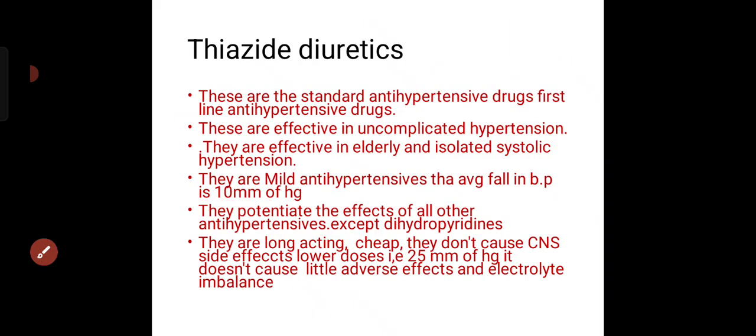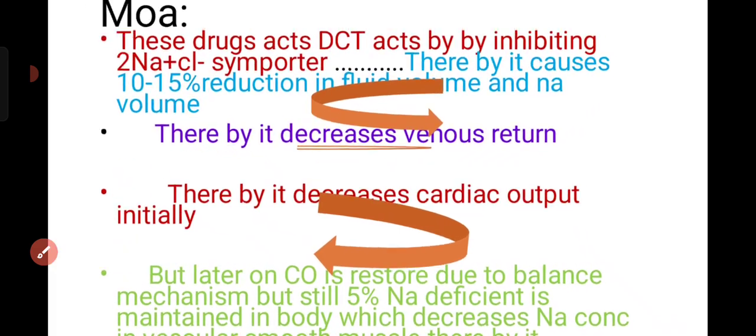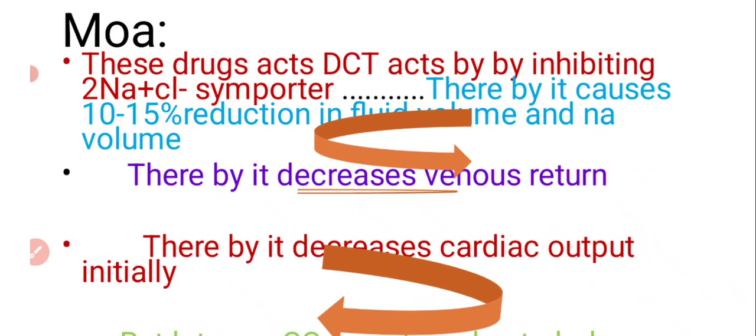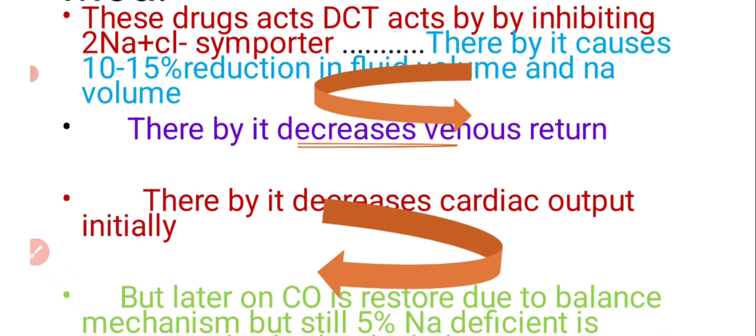In the next slide, they cause a reduction in fluid volume of up to 10 to 15%. Initially the fall in BP is due to reduced cardiac output. How do they reduce the cardiac output?